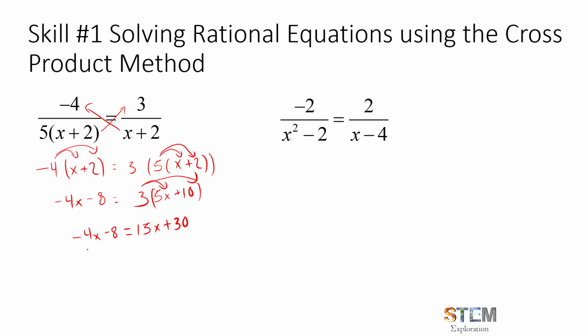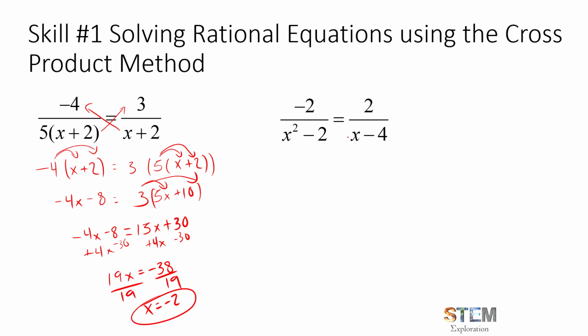And then obviously just isolate for x. So plus 4x, negative 30, negative 30. And then what we'll get as a result is 19x is equal to negative 38. I like keeping the x as the positive if I have to choose, so that way when this all comes out at the end I get x is equal to negative 2 and I get this nice solution.